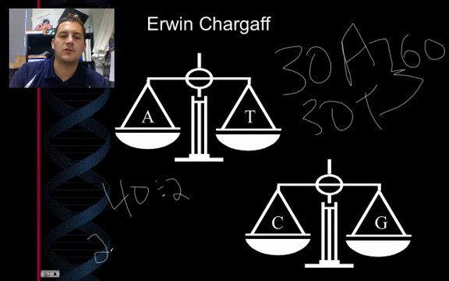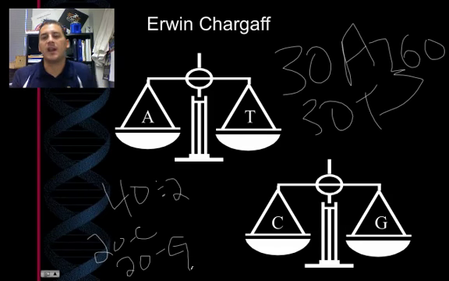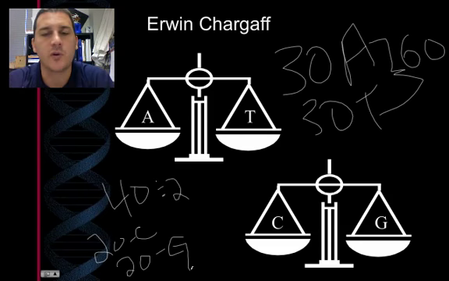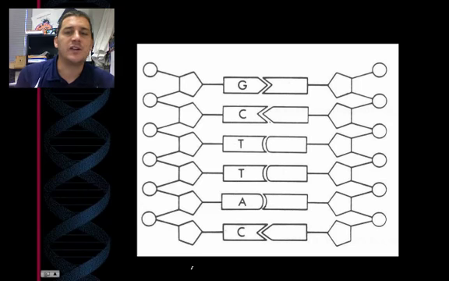And you're going to get 20% is going to be C. You're going to get 20% is going to actually be G. So if you have 30% A, 30% T, 20 and 20, those together equal 100%. Chargaff's rule is correct.